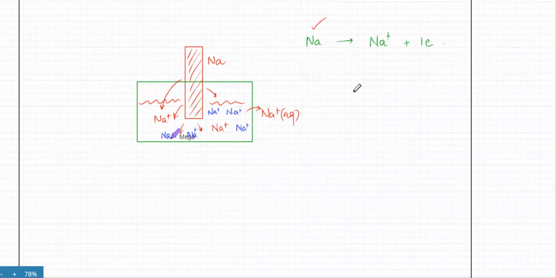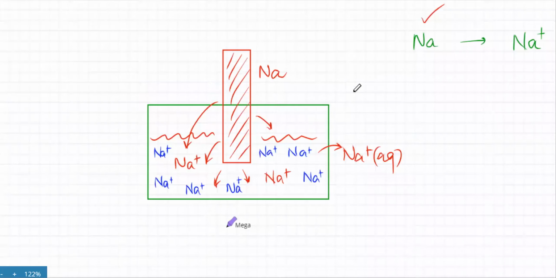Sir, but how is sodium metal reacting to form sodium ions? Sodium likes to lose electrons, right? It has a very strong tendency to lose electrons. Where would all the electrons go? The electrons would start accumulating on the metallic rod. Because what does a metallic rod look like?